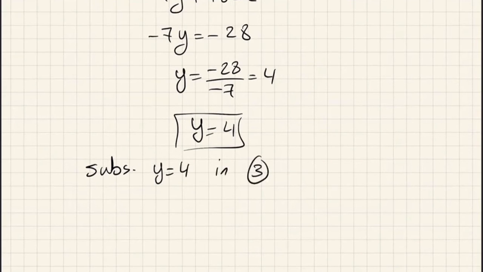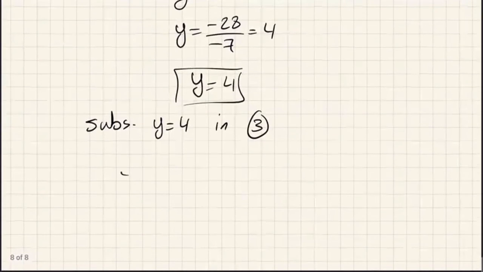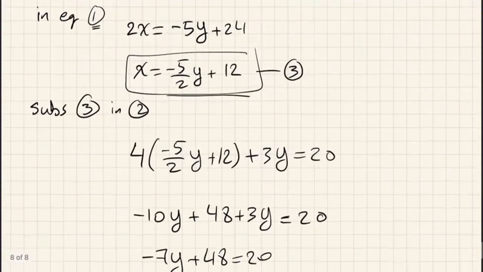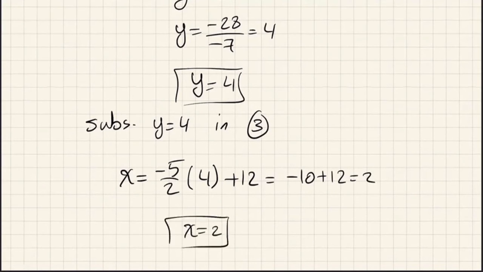So x equals negative 5 over 2 y plus 12, with y equals 4. Negative 5 over 2 times 4 is negative 10, plus 12 equals 2. So x equals 2. So my solution is 2 and 4.